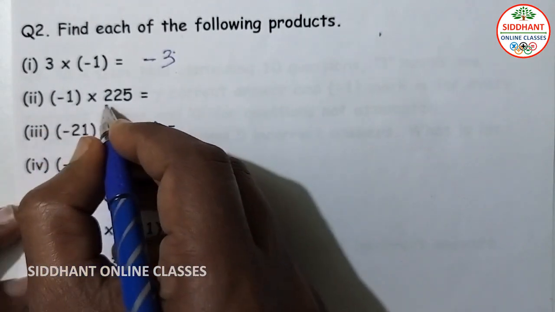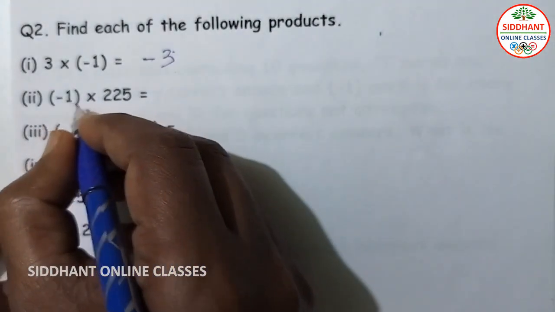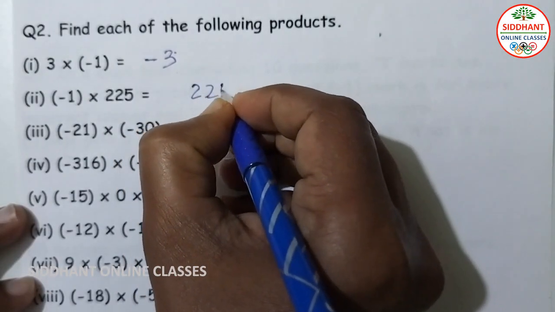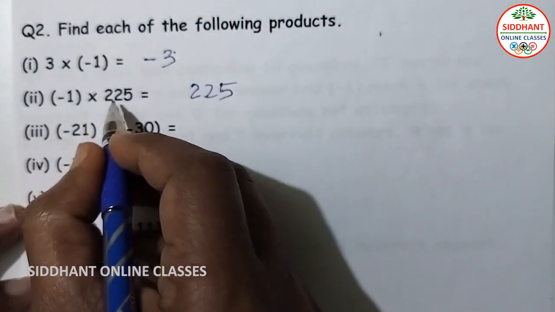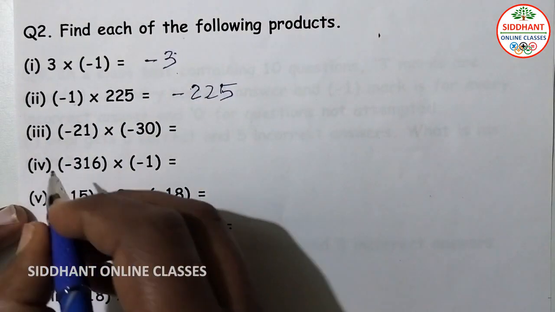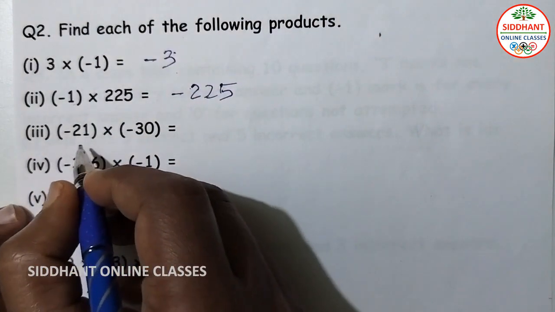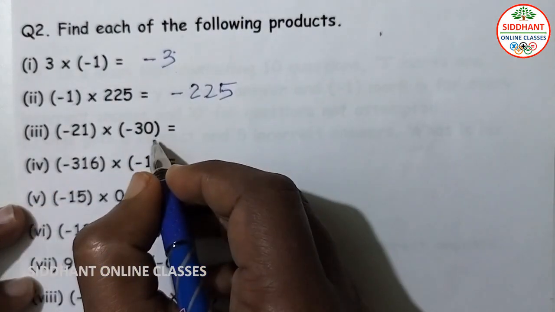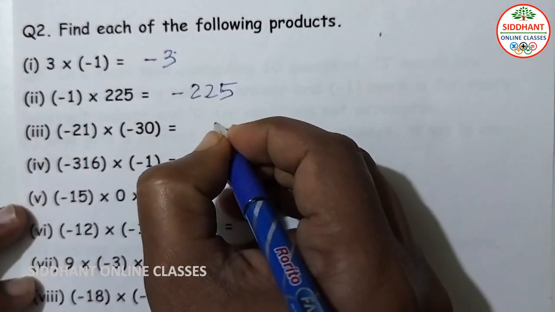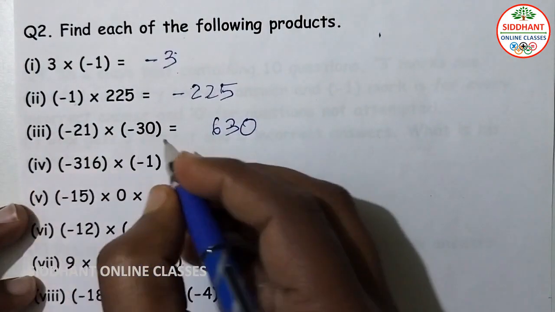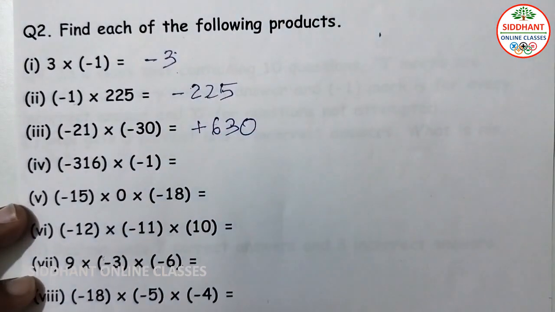Second one, minus 1 into 25. So 1 into 25, it will be 25. Then minus into plus, the answer will be minus. Third one, minus 21 into minus 30. So here 21 into 30, it will be 630, and minus into minus, the answer will be plus.